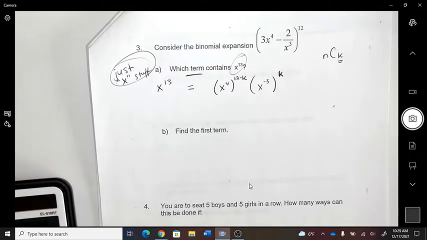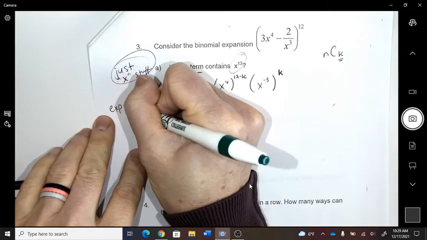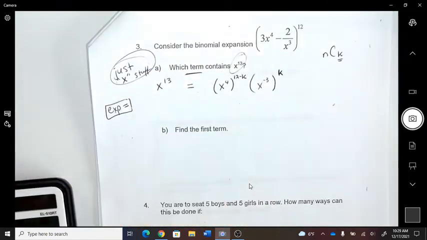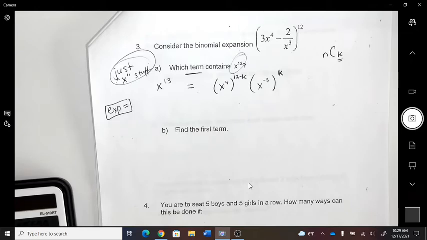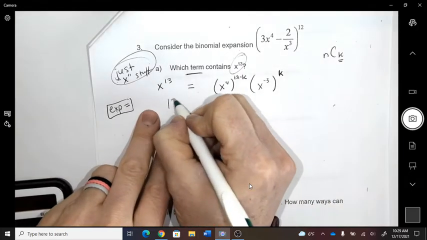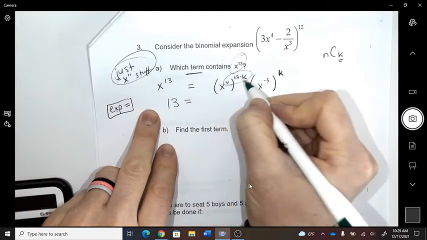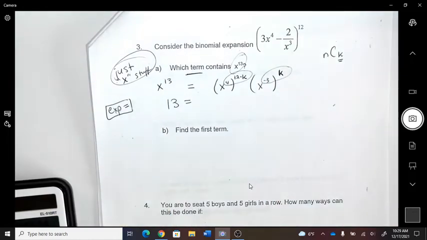Okay, the exponents will have to equal each other. If you're okay if I drop the x part off now, you can keep it going for a while, but eventually I'm going to have a base of x. So the exponent 13 has to equal the exponent. So what do I do here?